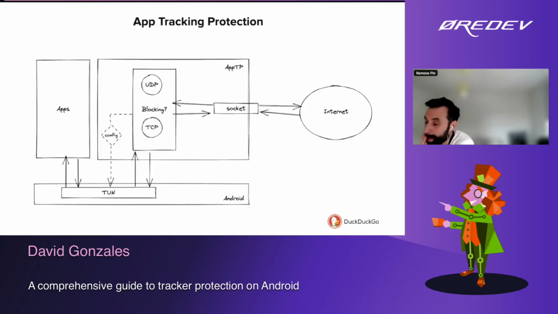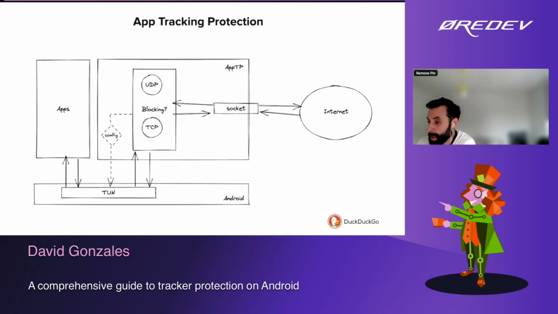This is a very high level architecture of how AppTP, or app tracking protection, works, and what things are working. The main idea is we use a VPN service, which is one of the ways that Android allows you to inspect the traffic happening from your device.